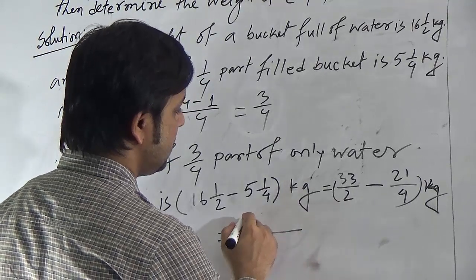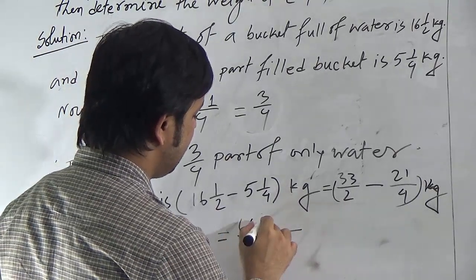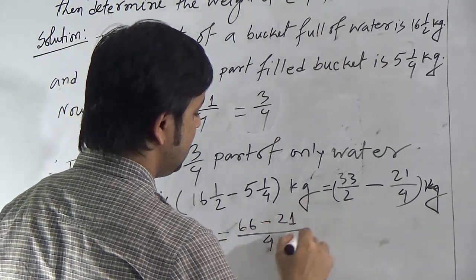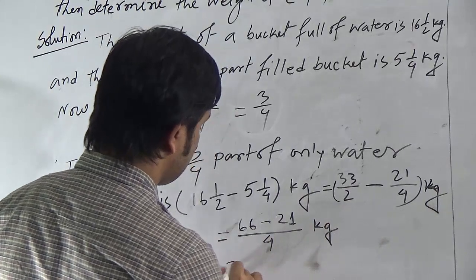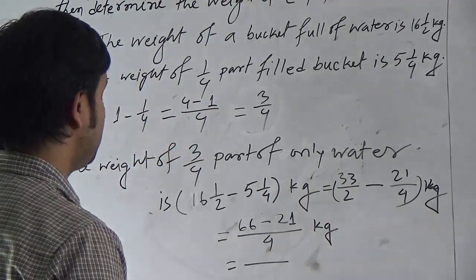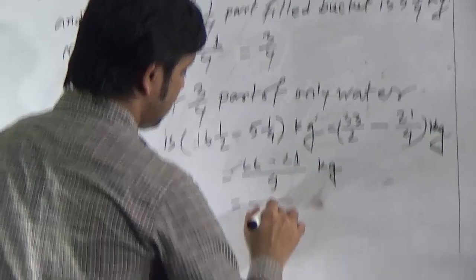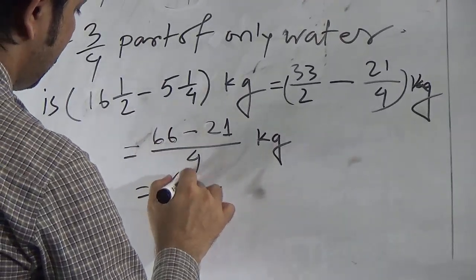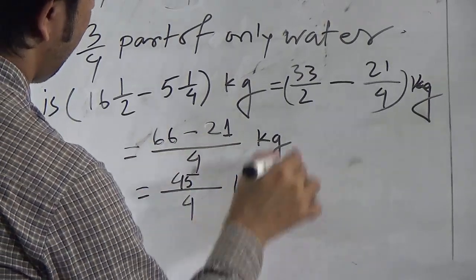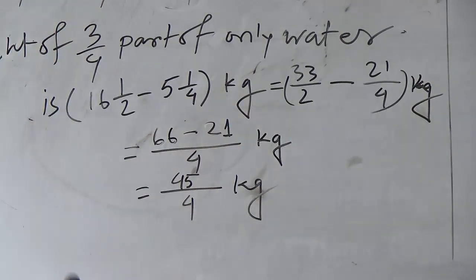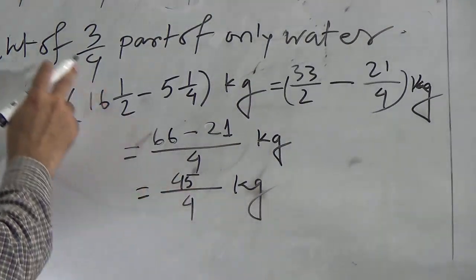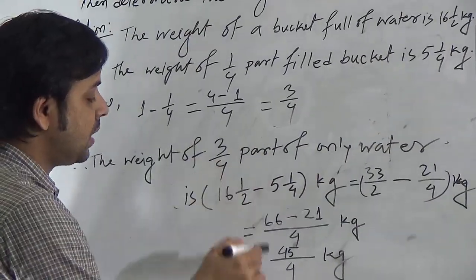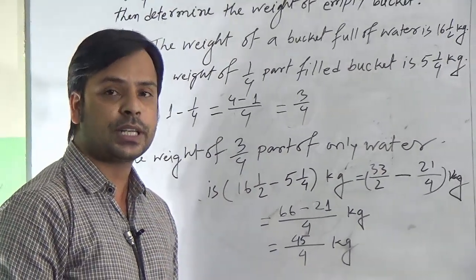So this will be 66 minus 21, then we will get 4. If we subtract, we will get 45 by 4 kg. This is the weight of only water of 3 by 4 part. It means the weight of 3 by 4 part water is 45 by 4 kg.